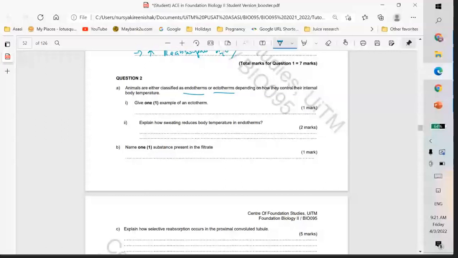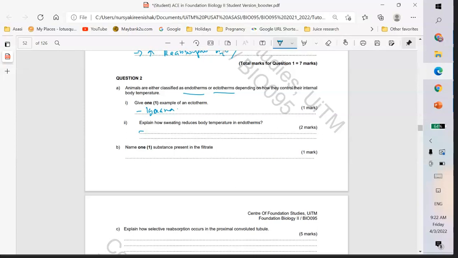Okay, dapat 2 markah. Alright. So the 2 marks tadi, sweat is secreted from the sweat gland. Kan? So the first mark. Second point, what is the function of secreting the sweat? So that when the sweat evaporates from the skin surface, it takes away the body heat and cools down the body. Alright?